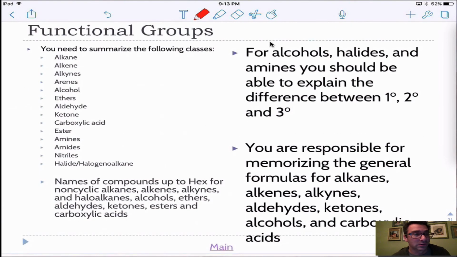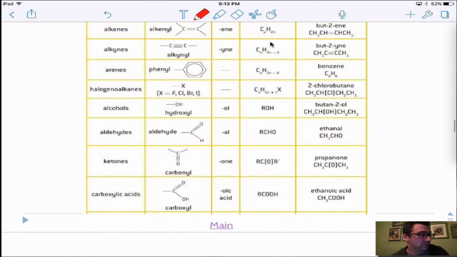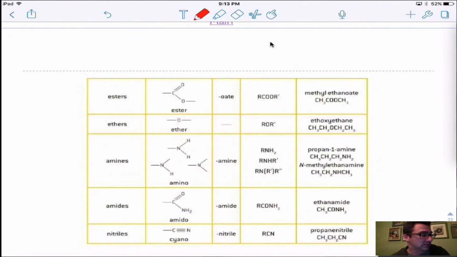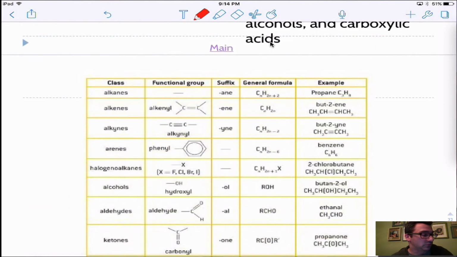You should know all of these different classes. And if you haven't done so from last year, you should memorize this chart. There's some new ones on here, but generally it's the same as what you had last year. They want you to know the name of the functional group and also the ending, and then how to do some naming. We'll practice that in class as well.